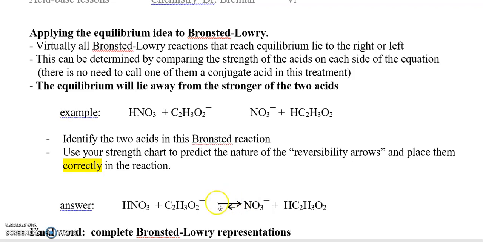Okay. So at this point, I want you to think about and perhaps write down on the Ed puzzle, why do you think the reaction would lie to the right here? And discuss this in terms of what you know about strong and weak acids and what that means about their nature.